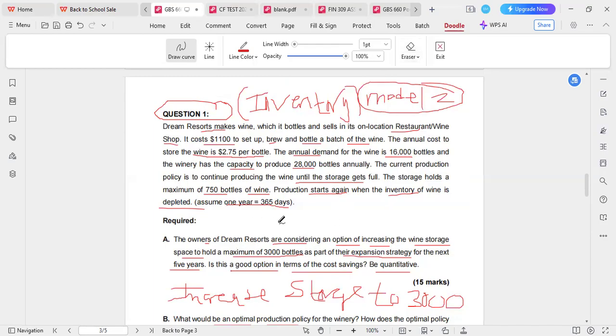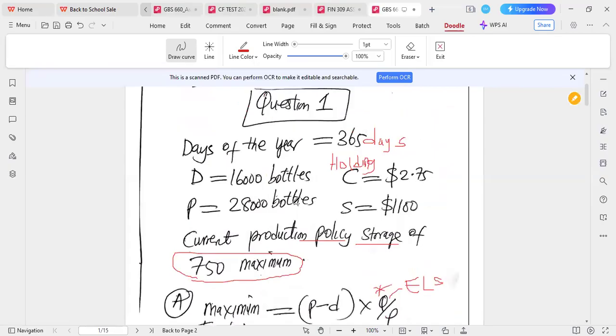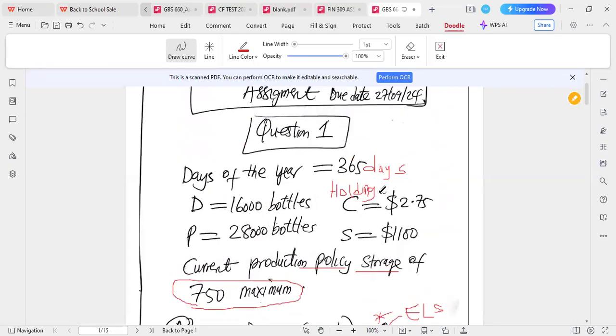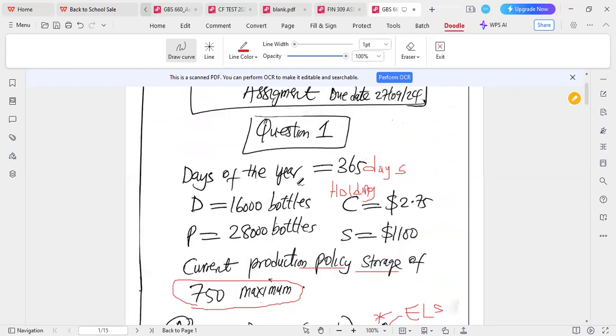So as we get down to the solution for question 1A, we are simply saying days of the year, that's 365. This information is coming from the analysis for question one. D is annual demand, given in the question.